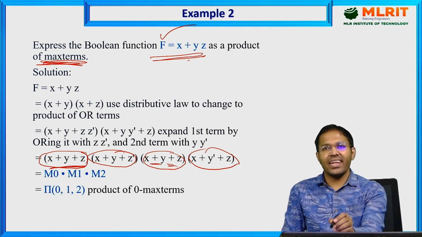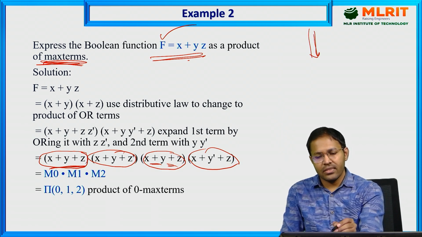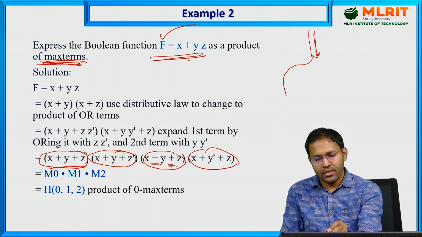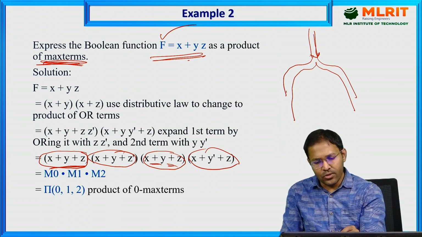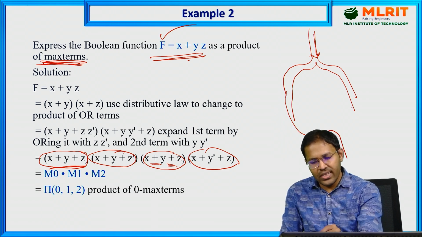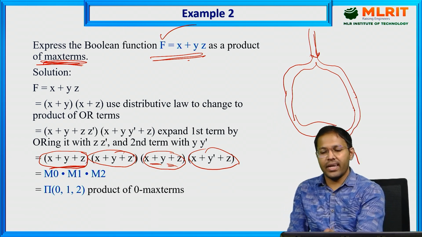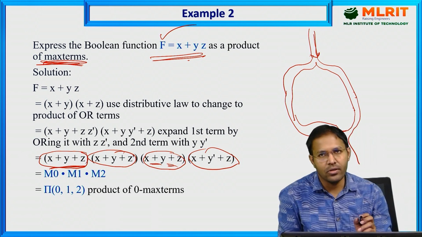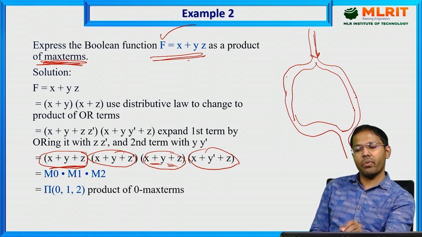Now let us understand this with a simple example. Suppose you are coming like this. There are two routes. Either you can take this route or you can take this route, and then you want to reach somewhere. Suppose any one route is open, say this route is open.